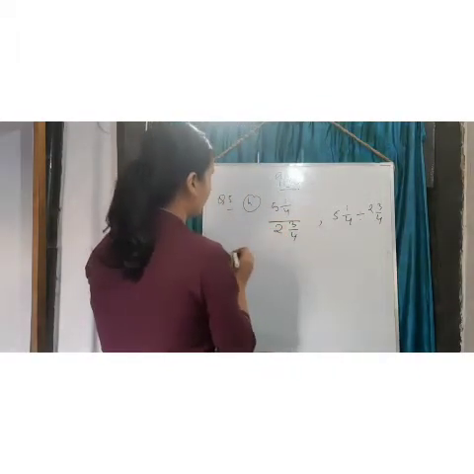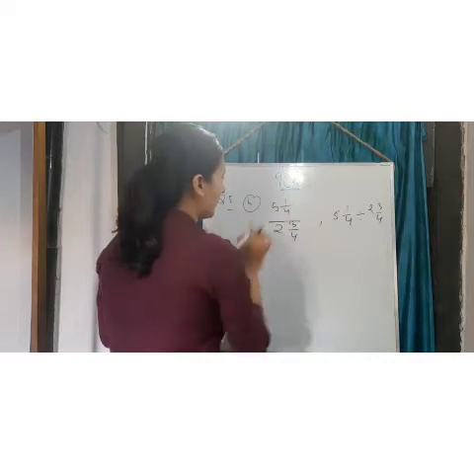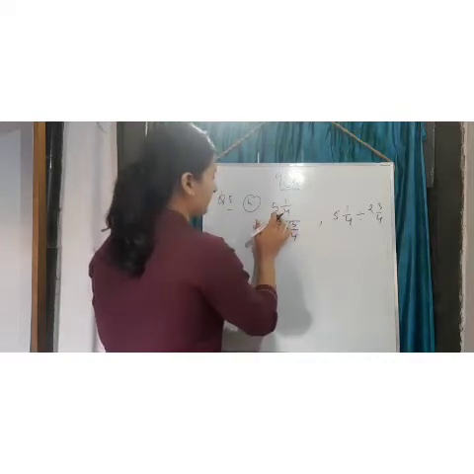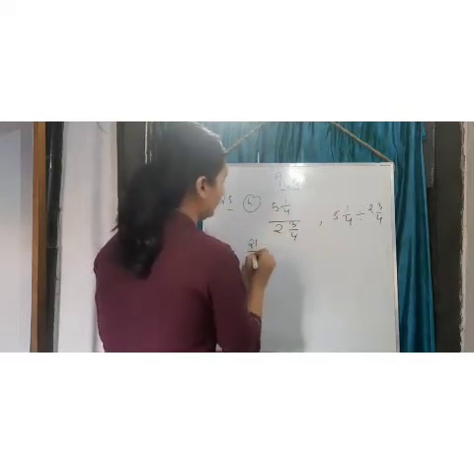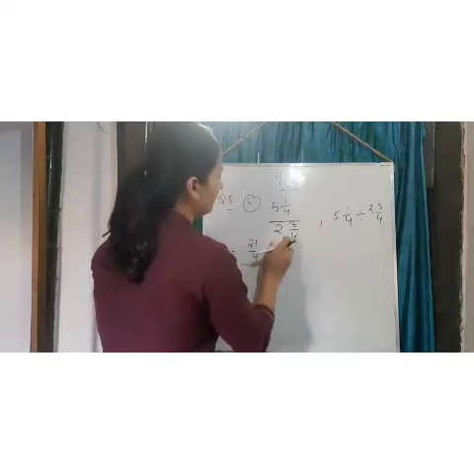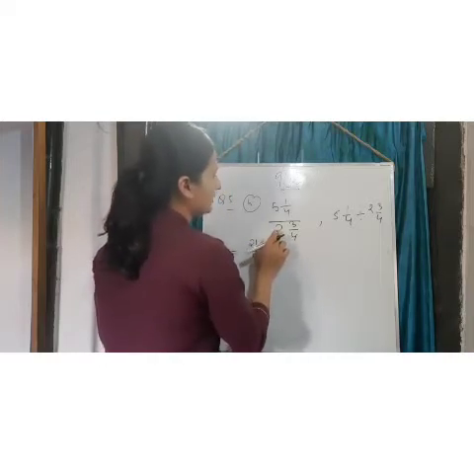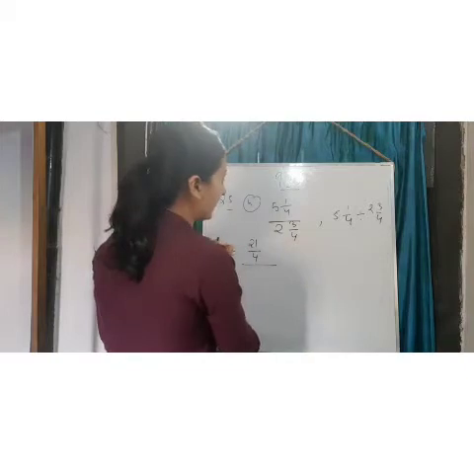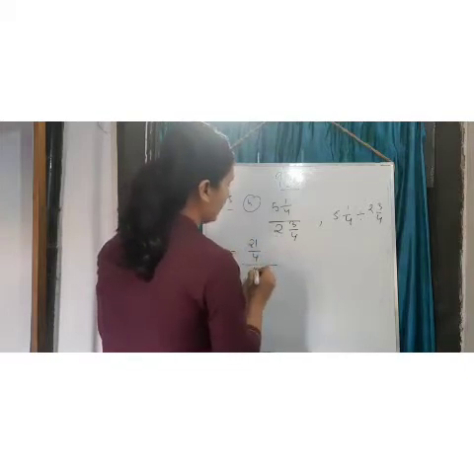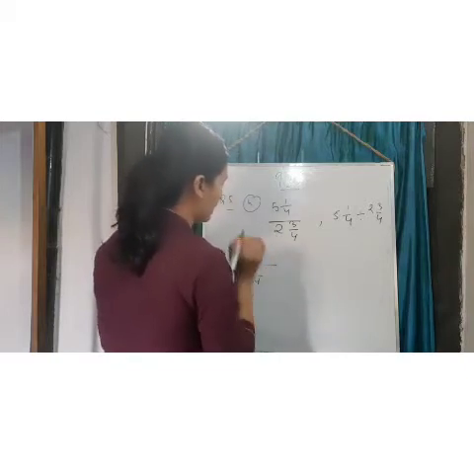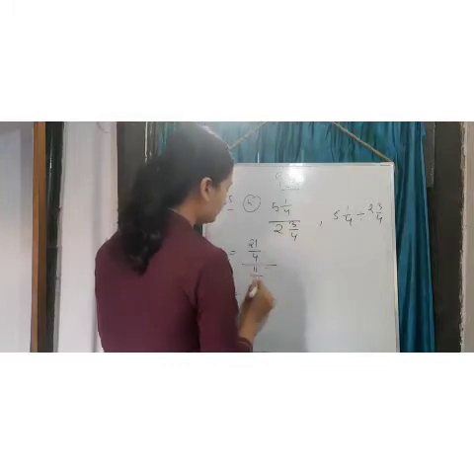First of all, we have to convert this mixed fraction into an improper fraction. 5 4s are 20 plus 1, 21 by 4. And 4 2s are 8, 8 plus 3 is 11, so 11 by 4, right? This is a division, isn't it?